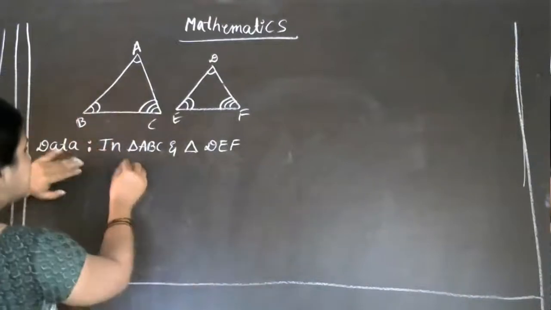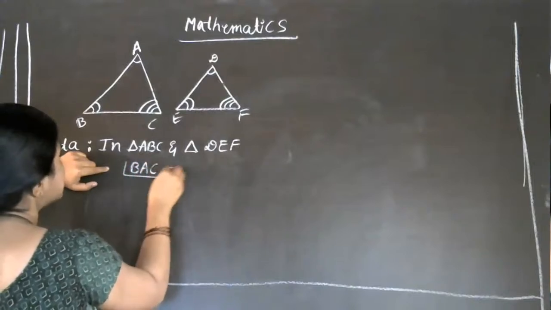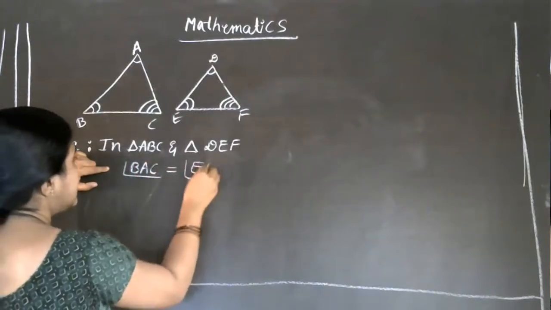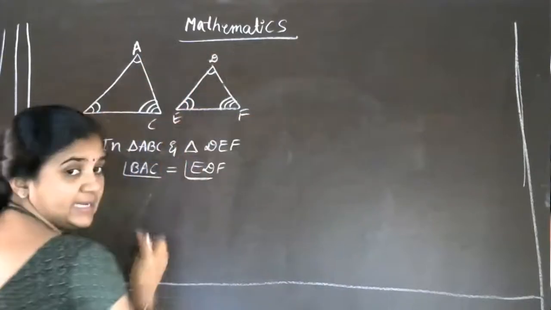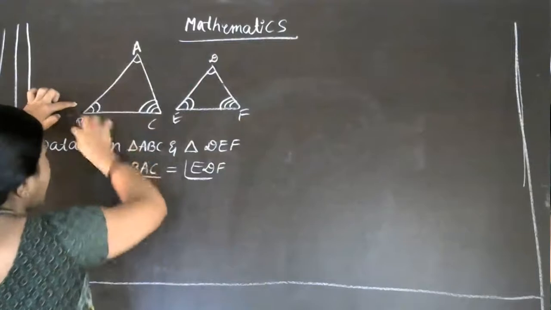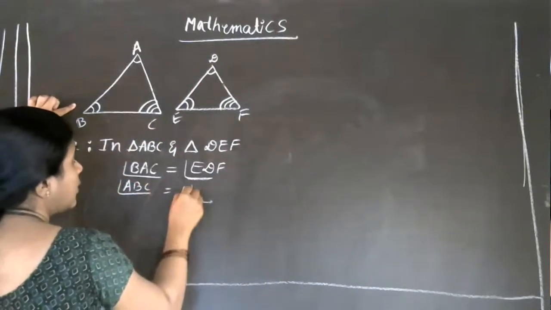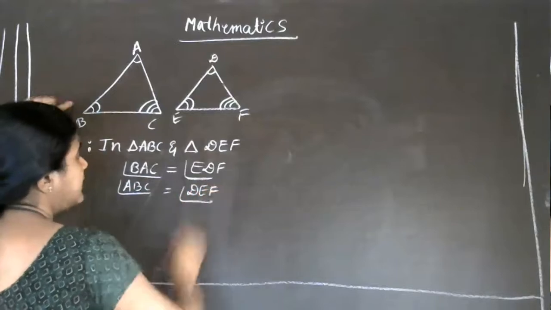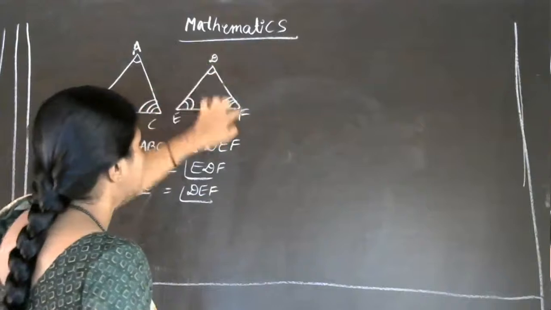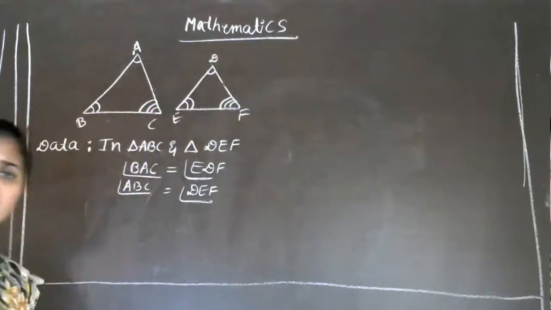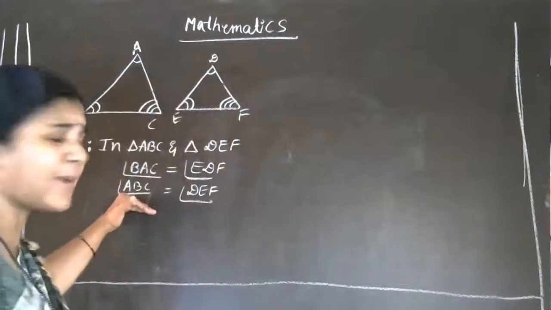We'll take angle BAC equal to angle EDF, given data. Then angle ABC equal to angle DEF. You can write this one also: angle ACB equal to angle DFE. Is that clear, students? So this is about the data.